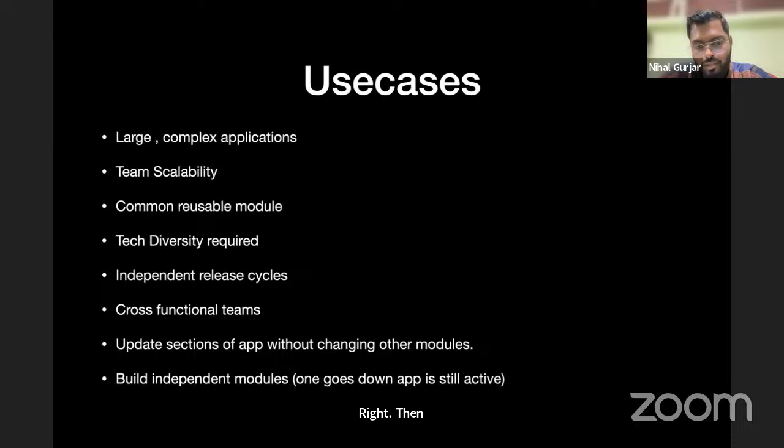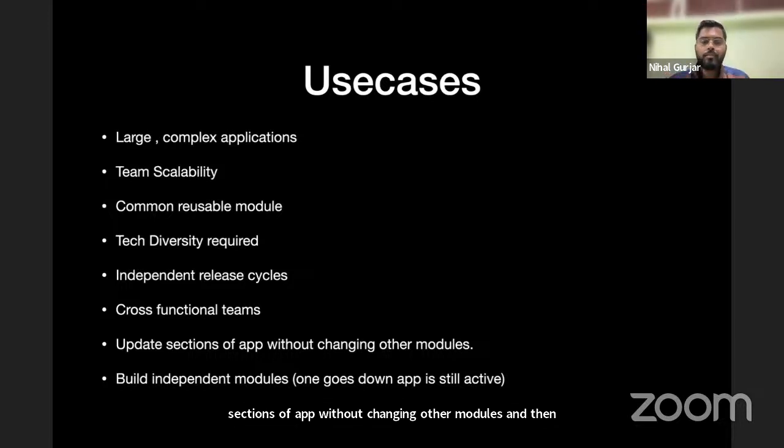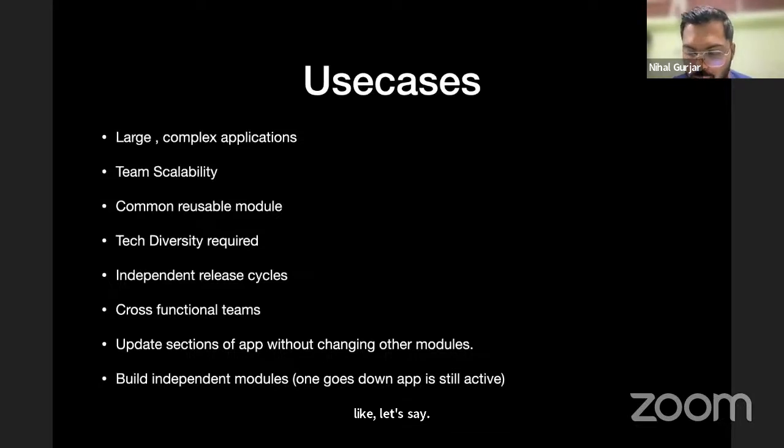Then, as I've already mentioned, update sections of the app without changing other modules, and build independent modules. So what do we mean by build independent modules? You might have seen some of these scenarios earlier. If you go to flipkart.com or Amazon, any other website, and you are searching for anything, and it suddenly says, okay, something went wrong.